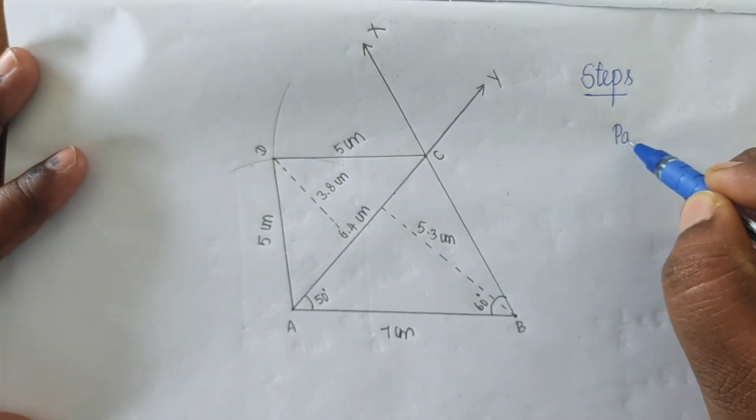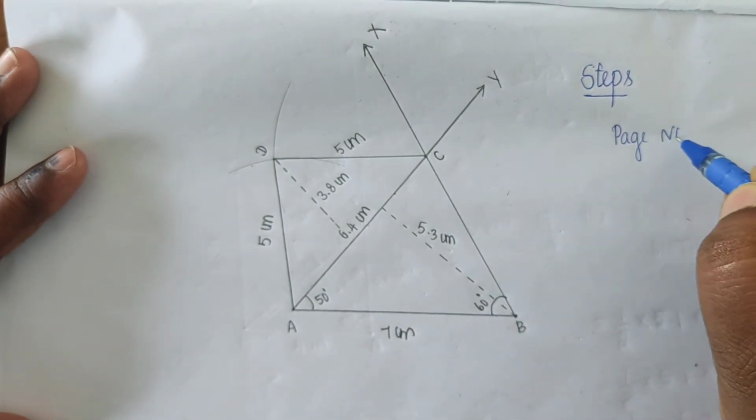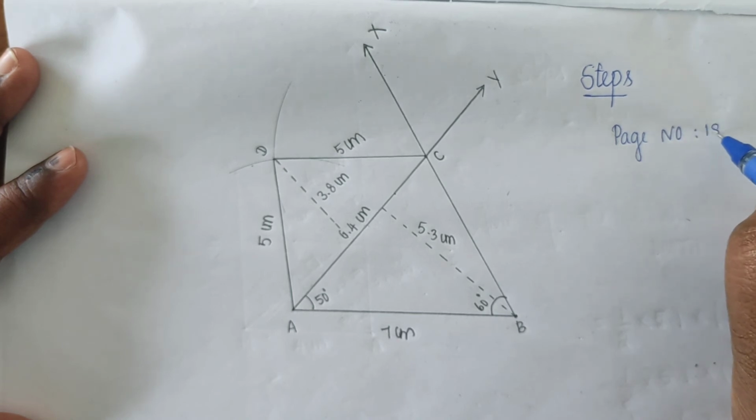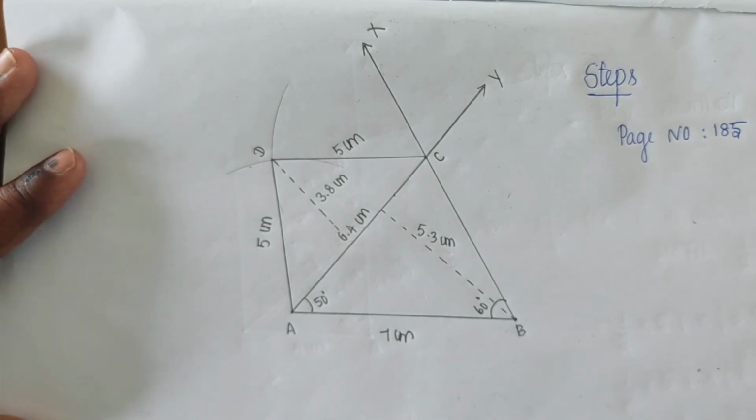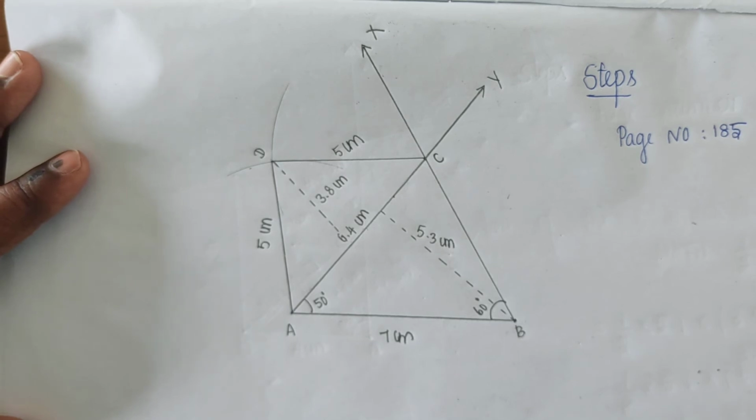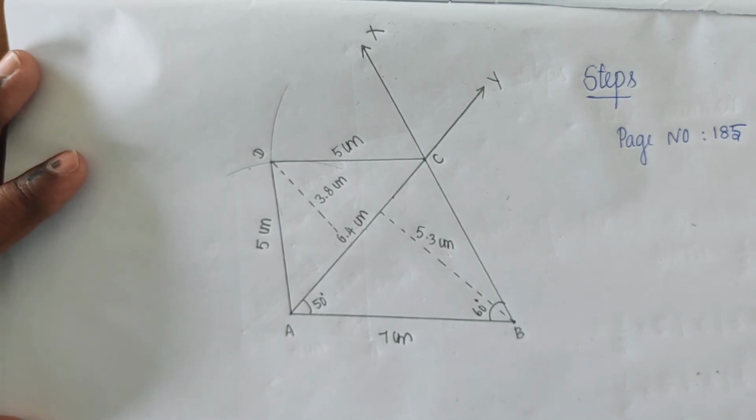Page number 185. Okay, students, 5 steps. Write in your note.